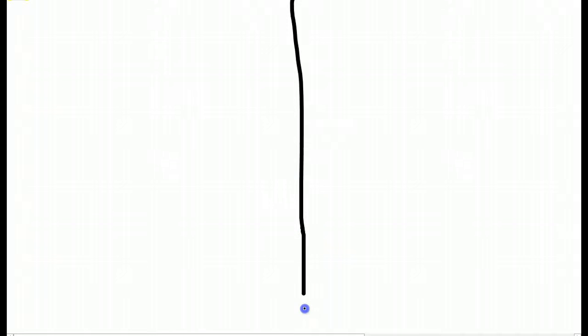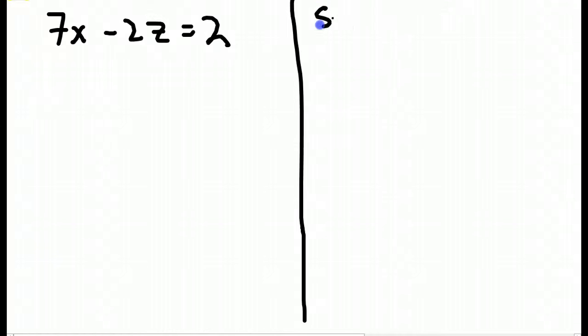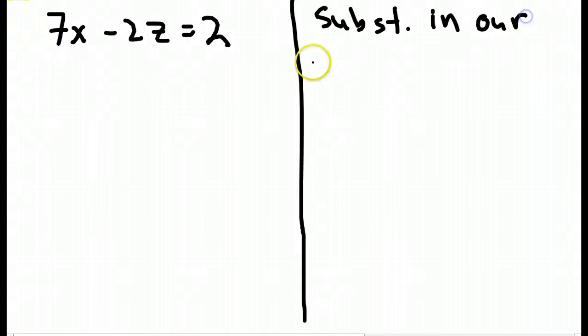So I'm back at the very top of the whiteboard. What I'm writing is 7x minus 2z equals 2, and we're going to substitute in our x value, because that's what we solved for. Our x value equals 2.